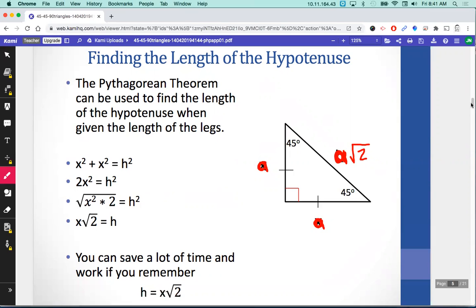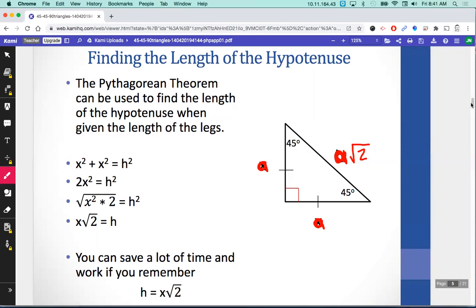Now the process is exactly like what we did yesterday. We can label our three sides as A, A, and A radical 2, and depending on which side we're given a length to, we can then solve for A and plug it into the other two sides to get their lengths.